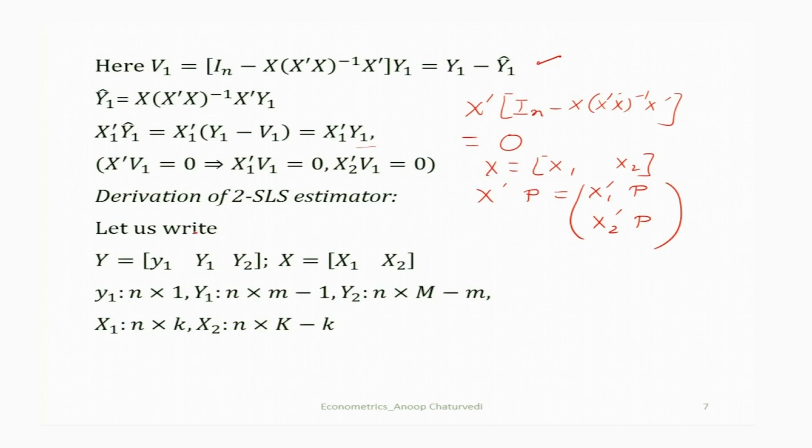So, suppose we write capital Y equal to small y 1, capital Y 1, capital Y 2, capital X equal to x 1, x 2. Here small y 1 is of order n cross 1, capital Y 1 is of order n cross m minus 1, capital Y 2 is of order n cross capital M minus small m.